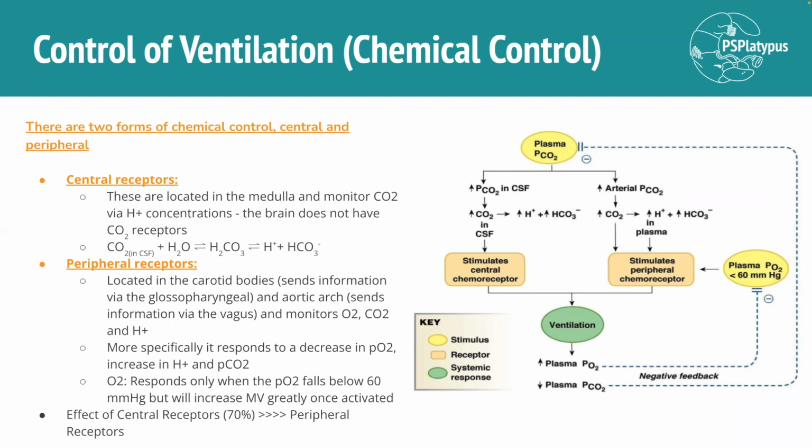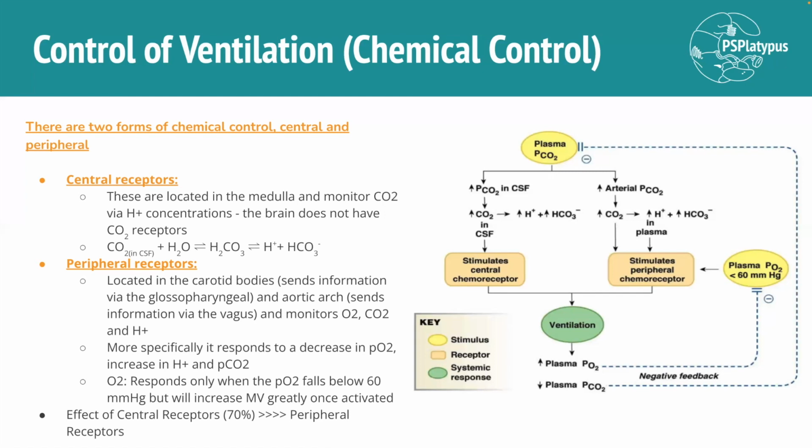They are located in our carotid bodies, as well as our aortic arches, and they directly sense our oxygen concentrations, our CO2, and our hydrogen concentration, or the pH. And these send information to the pre-Botzinger area to be processed, and therefore change the rate at which we breathe depending on the conditions found in the body.